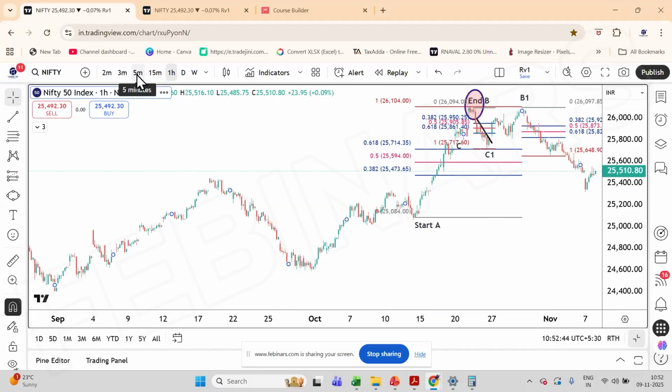Whenever the retracement is not more than 50%, it shows the strength of the trend and that the direction of the trend is strong. If the retracement is less than 61.8% or 38.2%, then it is stronger in the direction which it is going. So 38.2 retracement has been done.